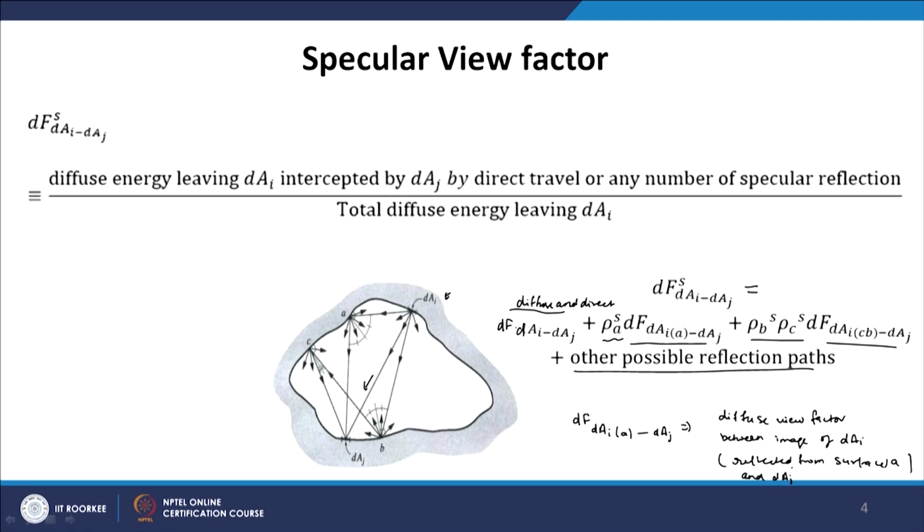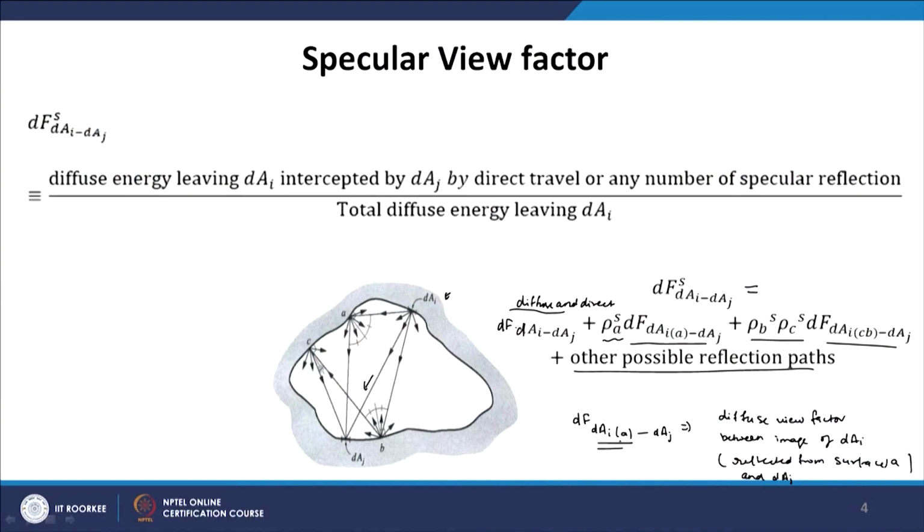So, we are talking about the view factor between two surfaces, where one surface is the real surface dAj, while the other surface is basically an image of dAi. So, dAi A is basically an image. It will be clear in the next figure.